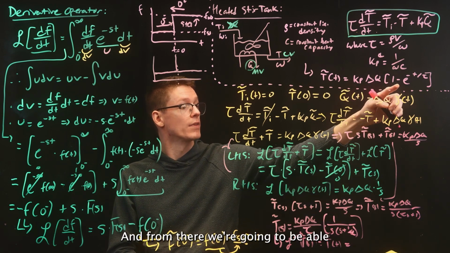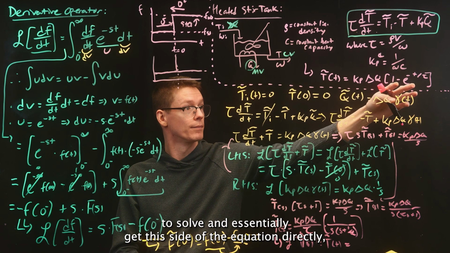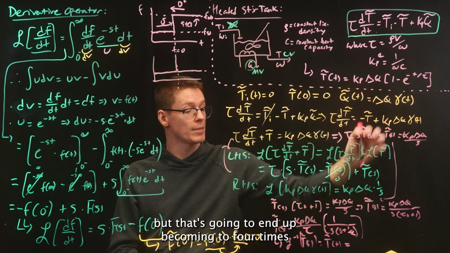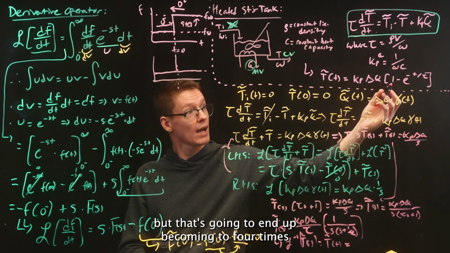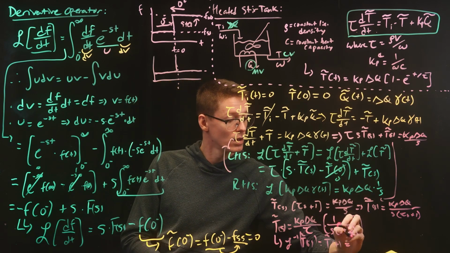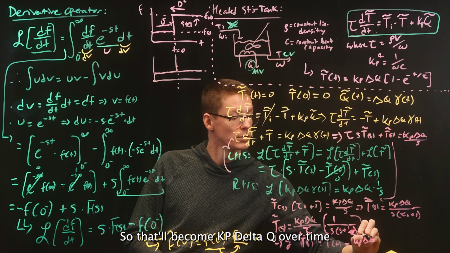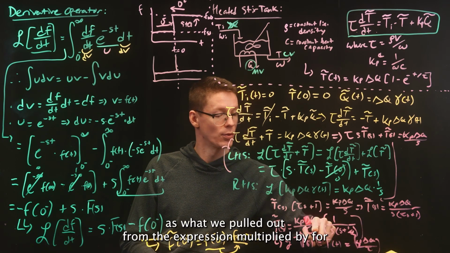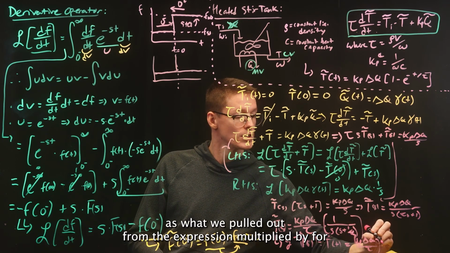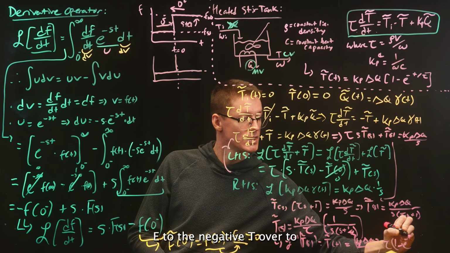From there, we can solve and get this side of the equation directly. That becomes tau times (1 minus e to the negative t over tau). So it becomes Kp delta q over tau, which is what we pulled out from the expression, multiplied by tau times (1 minus e to the negative t over tau).